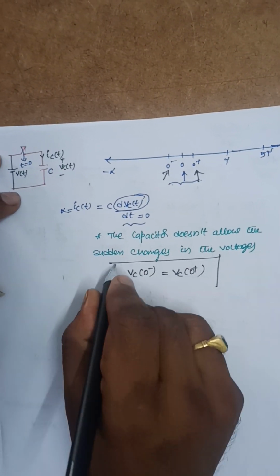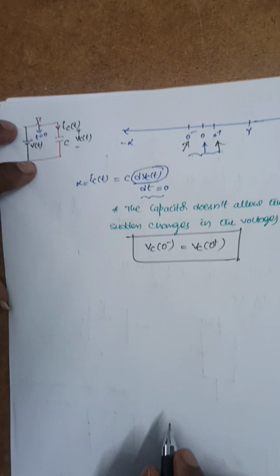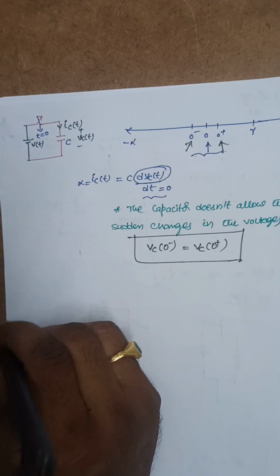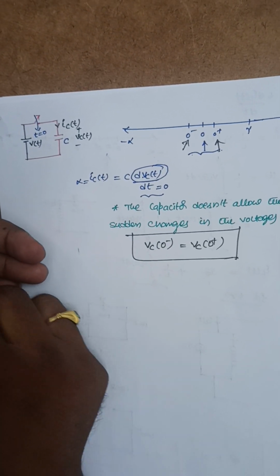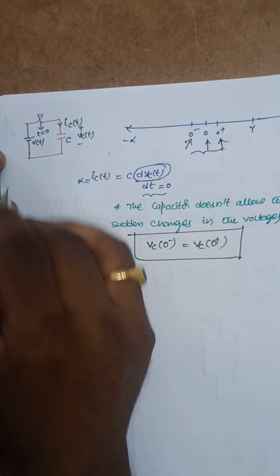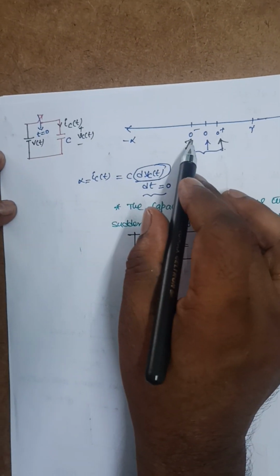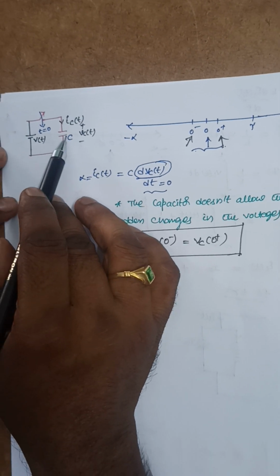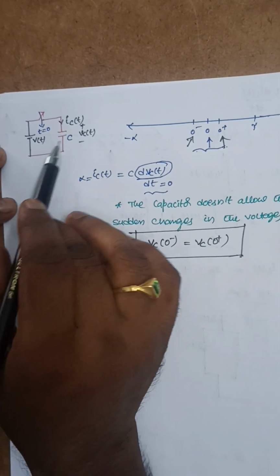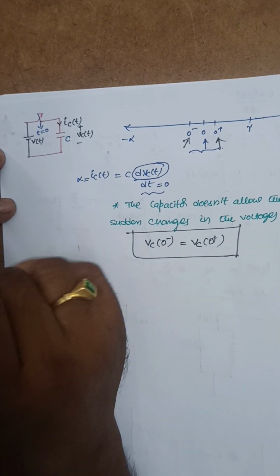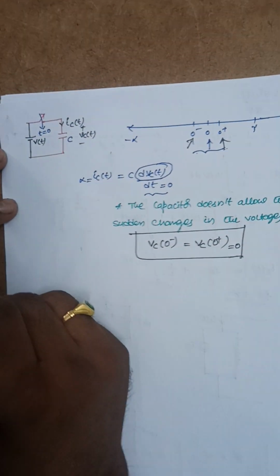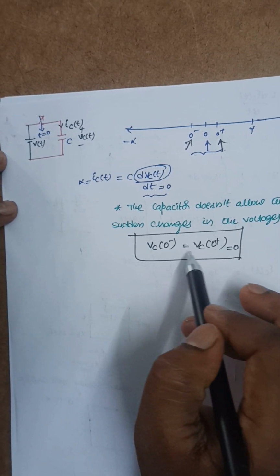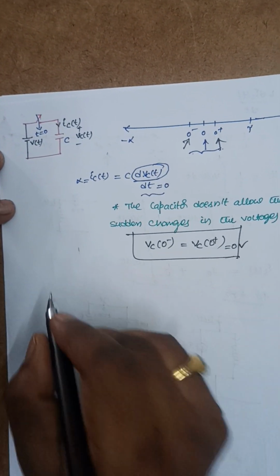So this is an important concept, similar to that of inductance. Another point here: at t is equal to 0 minus, the switch is in open position, so the supply is not connected to this capacitance. There is no voltage initially, so Vc of 0 minus is 0, so that Vc of 0 plus is equal to Vc of 0 minus, which is equal to 0 volts.